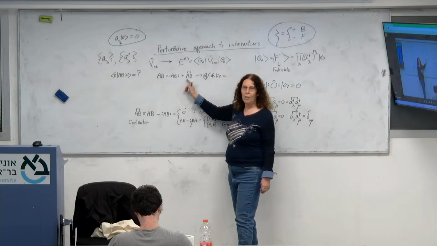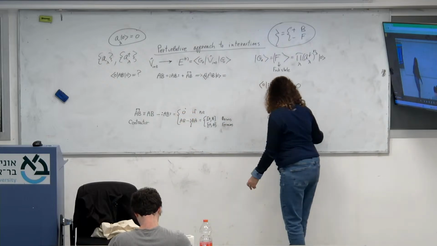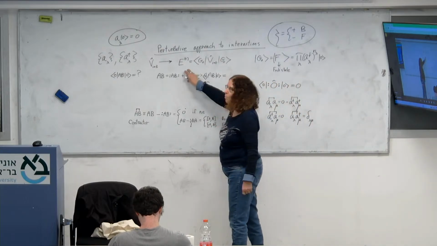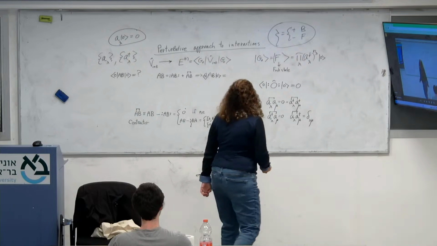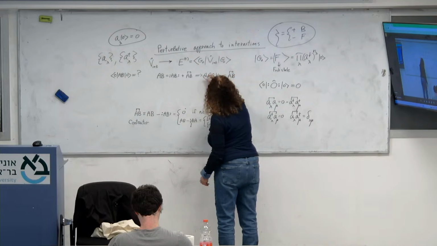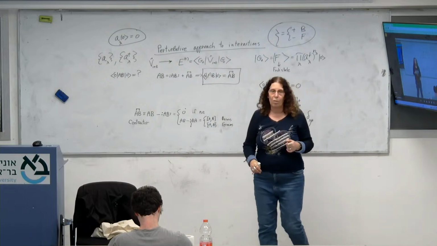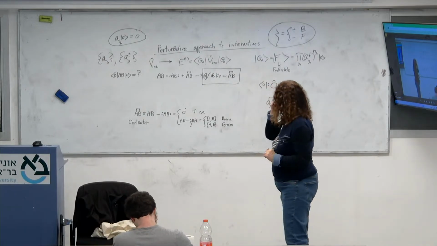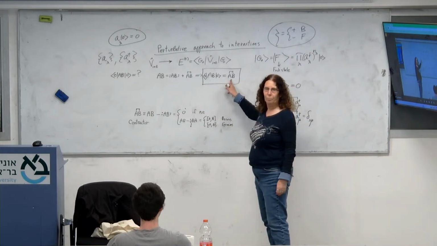And since the contractor is a number, the number may be 0 or 1, but whatever it is, because it's a number, its expectation value is itself. It's just a C number. So we get actually a very useful expression: the vacuum expectation value of a pair of operators, A A dagger, is the contractor.